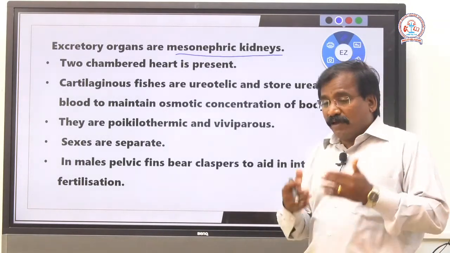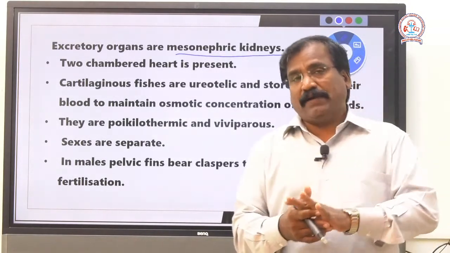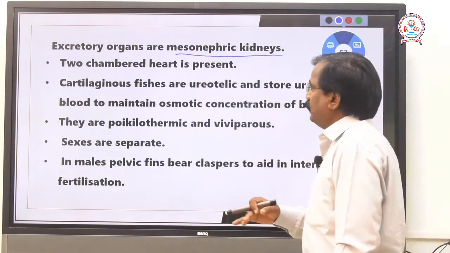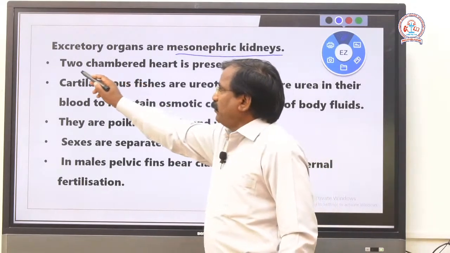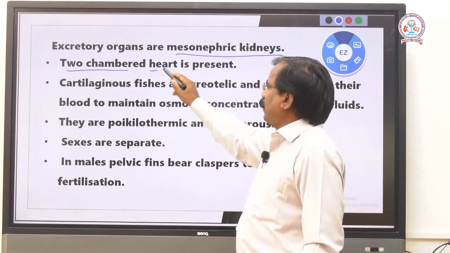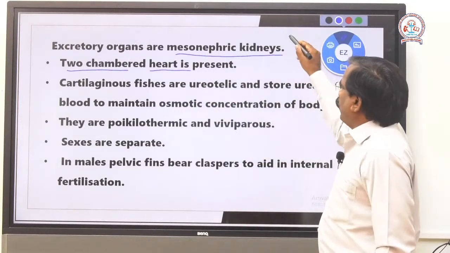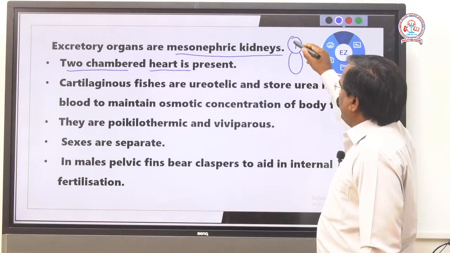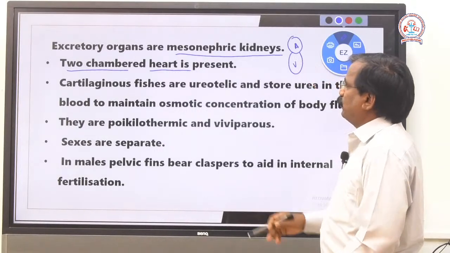We also have metanephric kidneys, which are advanced. Mesonephric is not advanced. Two-chambered heart: one auricle and one ventricle, that is a two-chambered heart.